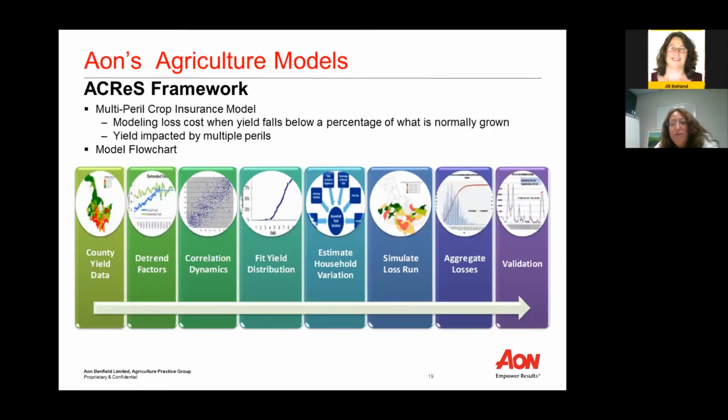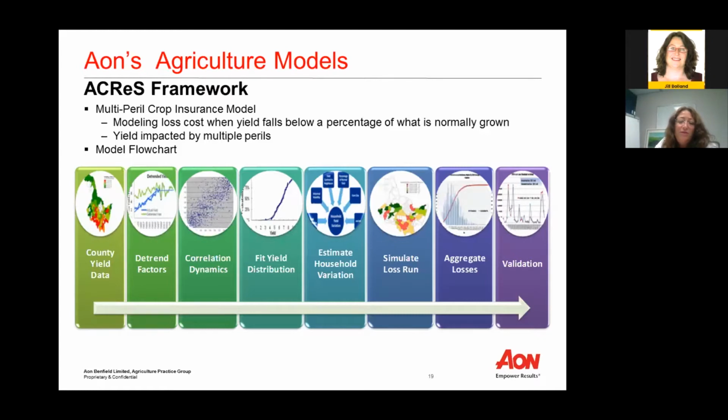Once we do that, we can aggregate losses up to any area. So if we want to talk to our insurance clients, we can tell them what their expected losses are for a province, for a state, for a city, or down at the individual level. And then, of course, we have to validate the model, and that also involves taking data. Quite often we have insurance clients that will give us their claims data, which is very good for validation.